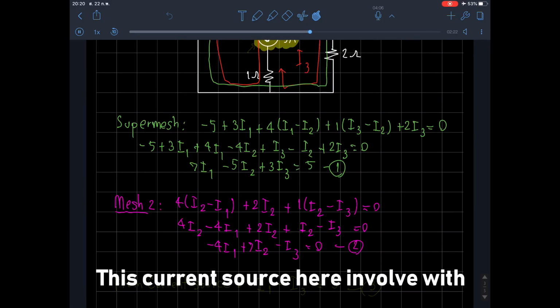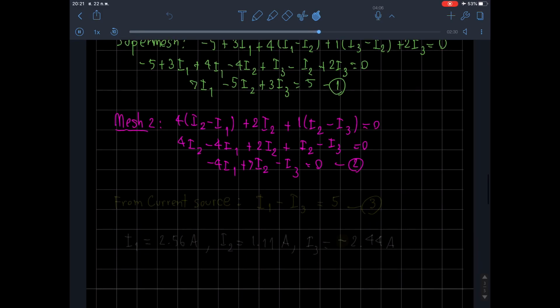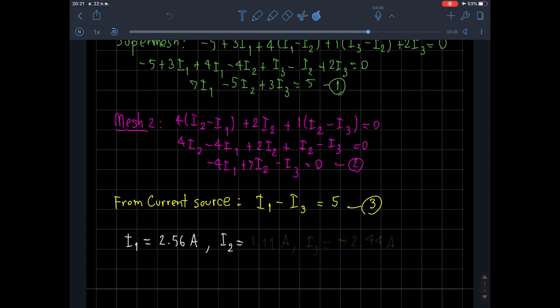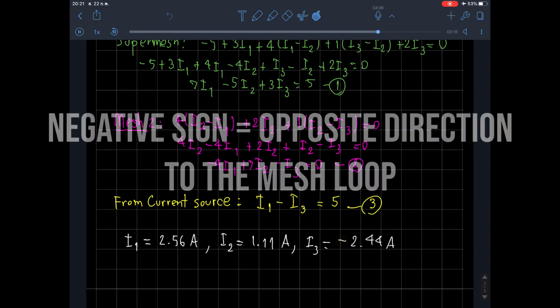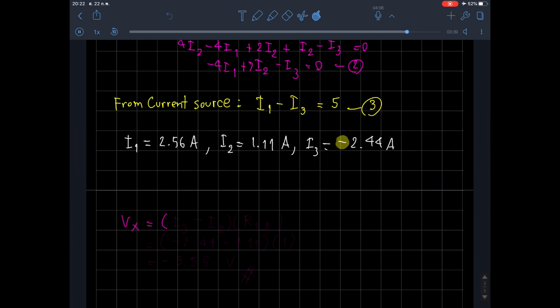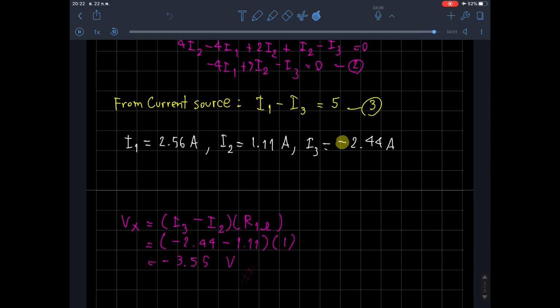And from the fact that this current source is involved with our first mesh and third mesh, we get the result. We need to find Vx. It is negative 3.55 volts.